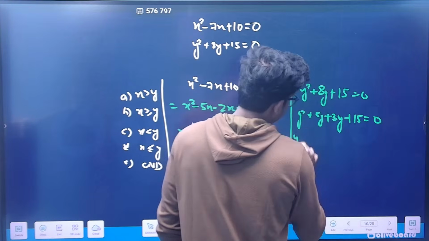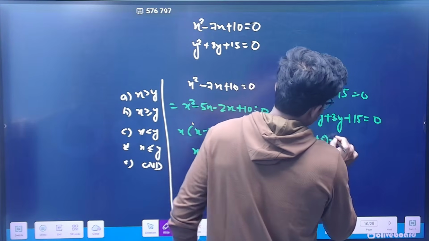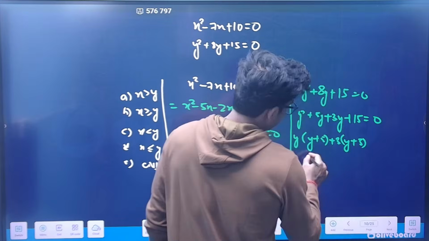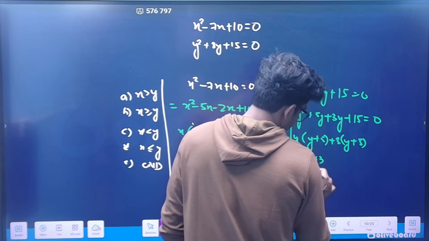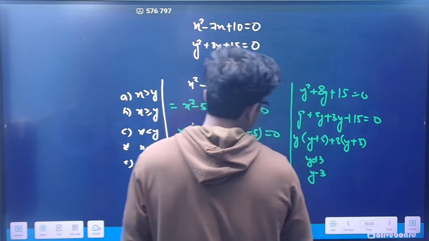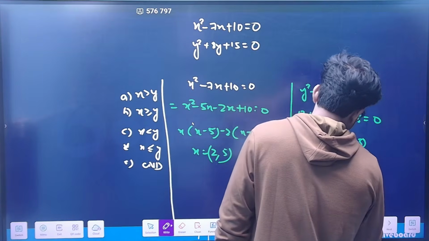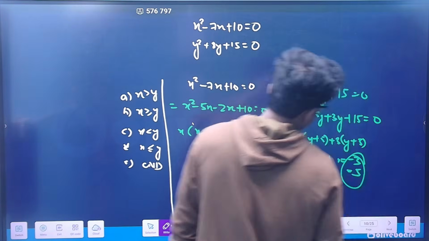From here taking y common, y plus 5. Taking 3 common, y plus 5. Now here the roots would be y plus 3 and y plus 5. Correct? So both the roots would be negative, minus 3 and minus 5. I hope this is clear.